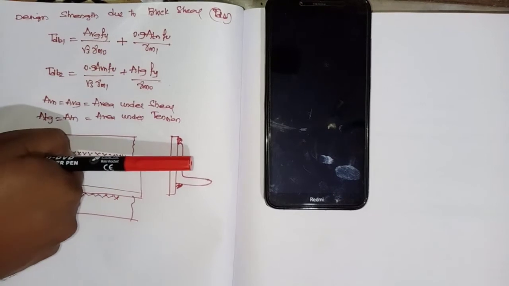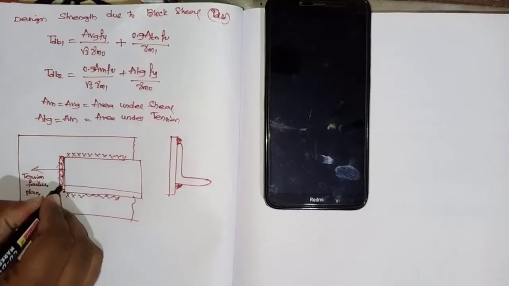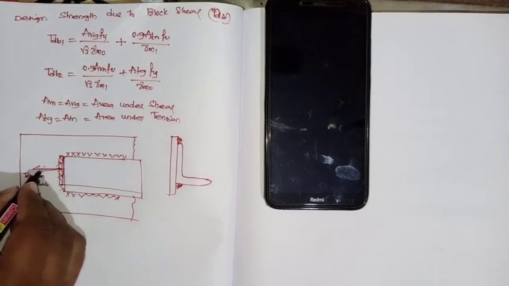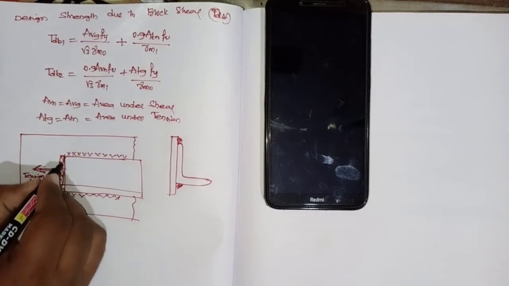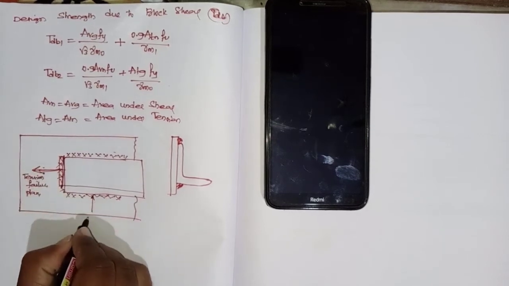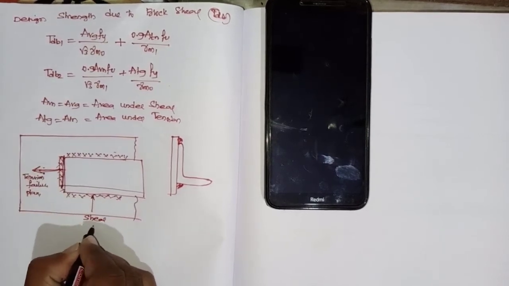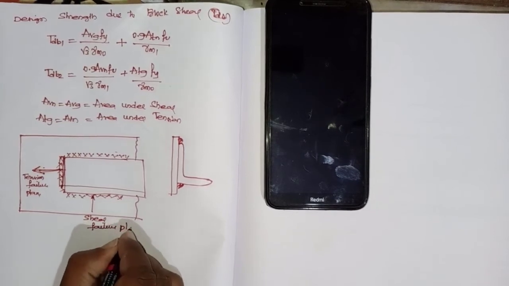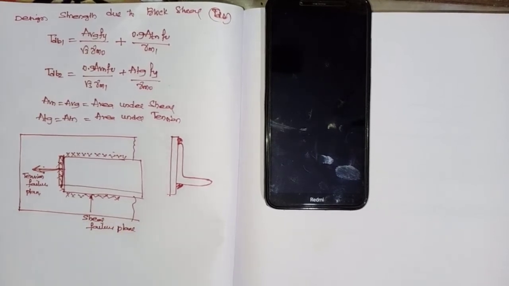This pulling is normal to this plane, but parallel to these planes. Parallel means this is the shear failure plane. What is this called? Shear failure plane.